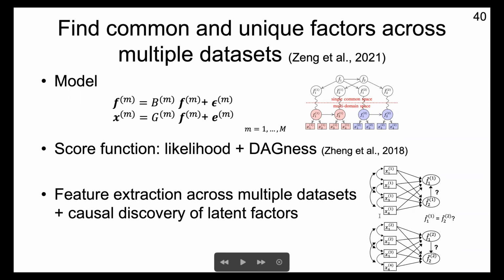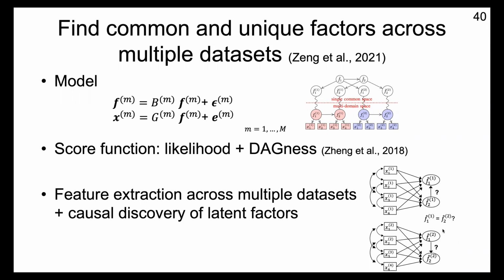We first extract latent factors for each dataset, dataset 1 and dataset 2. After we extract latent factors for each dataset, we infer the causal relationships among the latent factors, this way or this way.